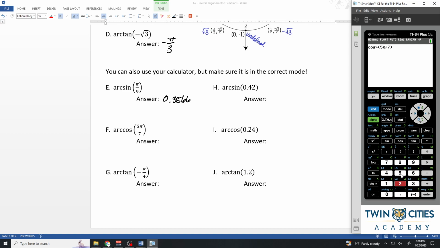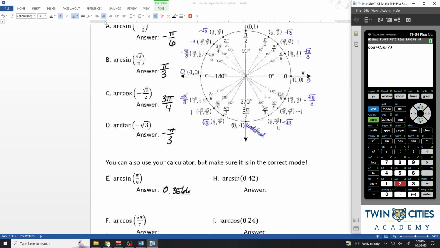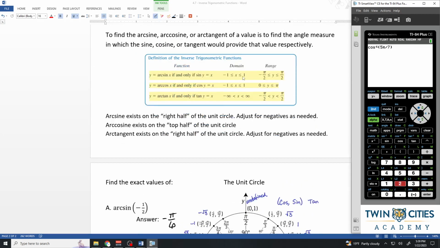Well, what is 5 pi over 7? If I look up here to my domain and range, I see that for arccosine the domain has to be between -1 and +1. Oh, I see.